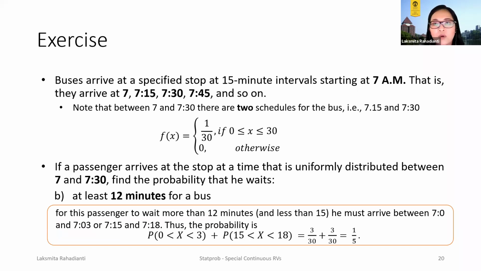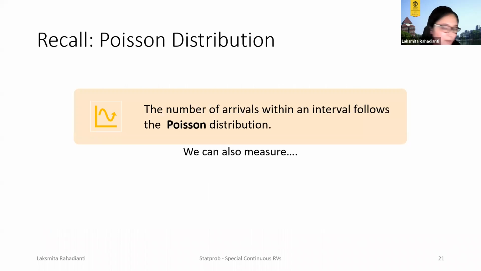So the next distribution, I'm going to ask you to remember something from before. When we were reviewing the discrete random variables, we already covered the Poisson distribution. When we were talking about the Poisson one, we were still talking about discrete, right? So we would get exact values of every single random variable.